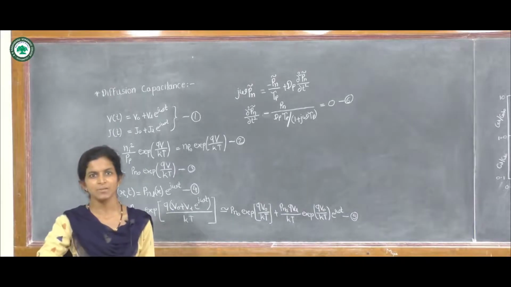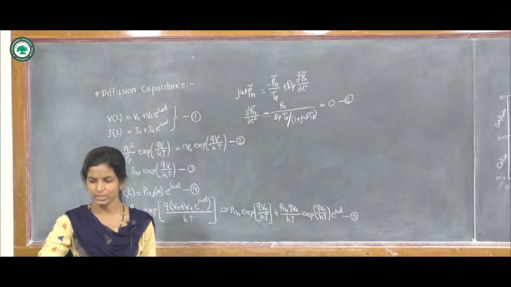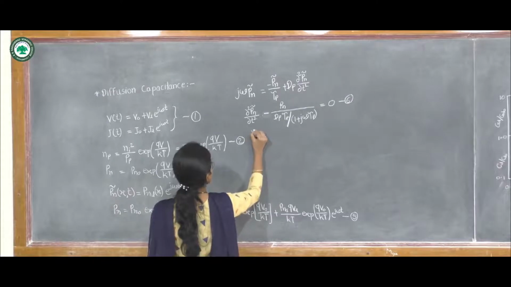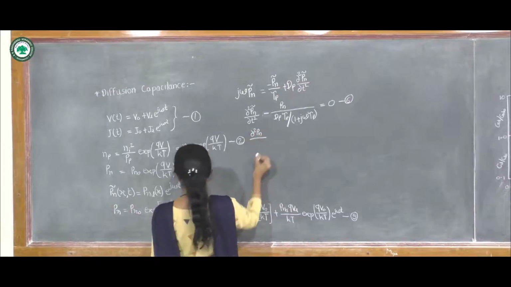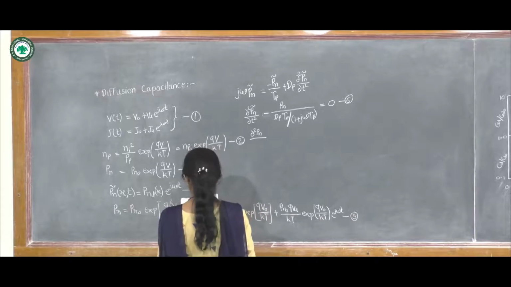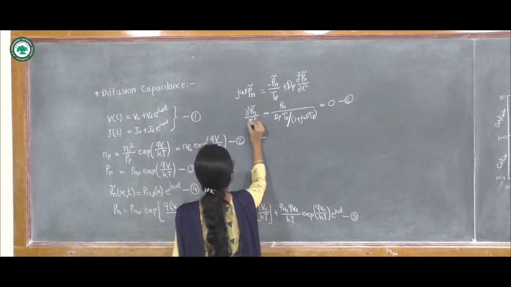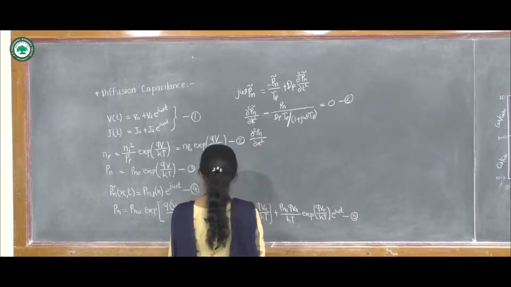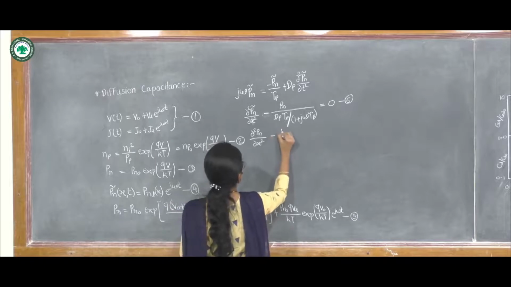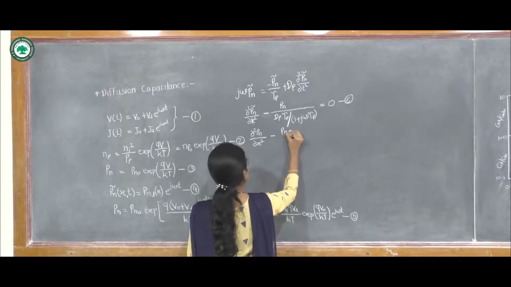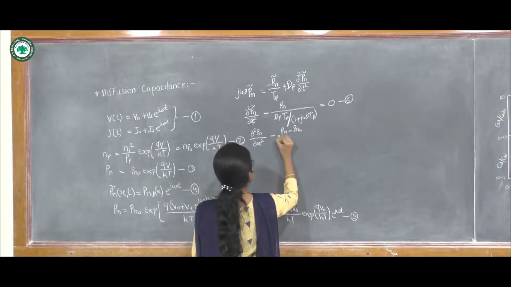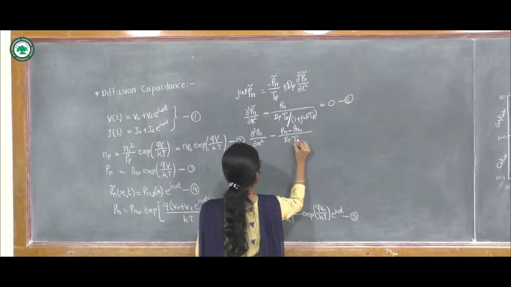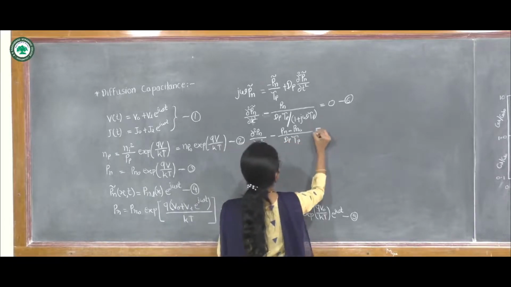This equation number 6 is identical to the equation given by ∂²Pn/∂x² - (Pn - Pn0)/(Dp τp) = 0.